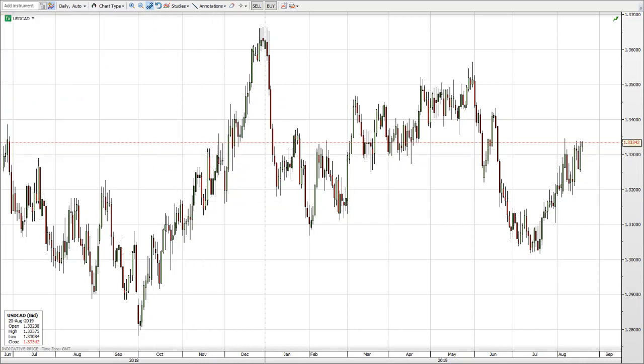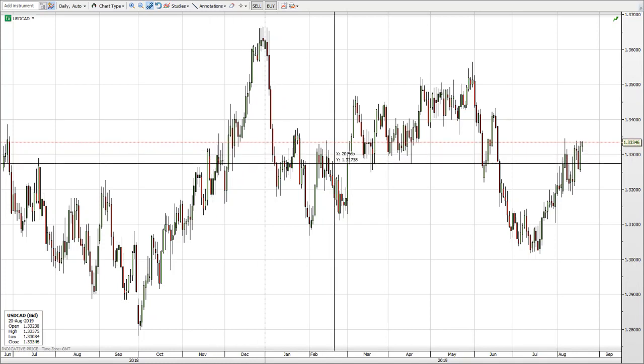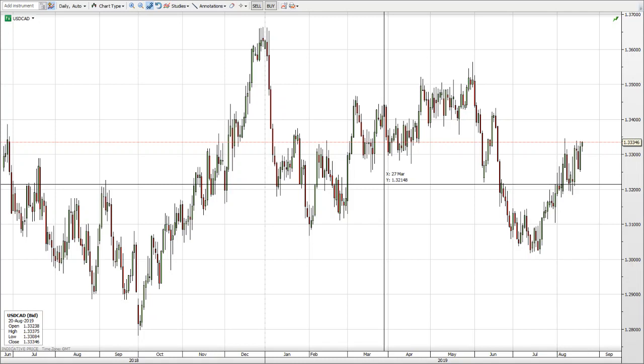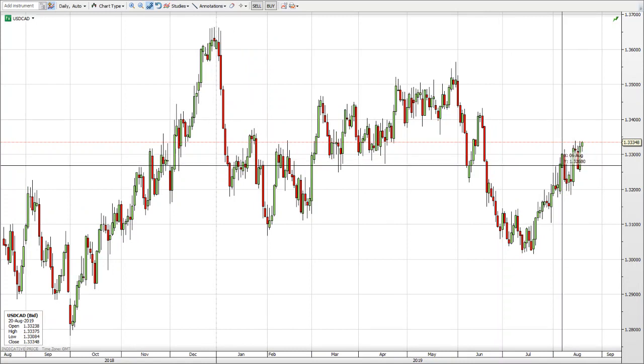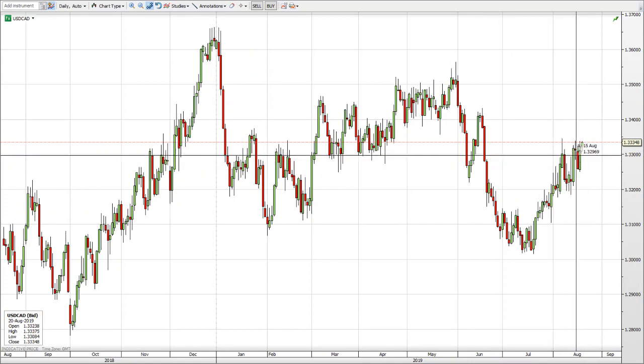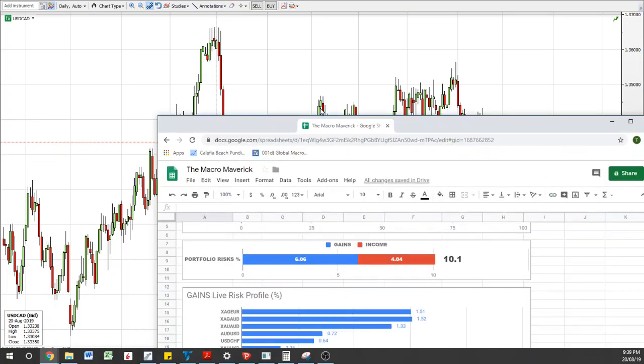I'll just quickly run through what else is going on with this trade. Essentially, the source for this trade was just browsing through charts for my market update. I saw this bullish action despite the US dollar weakness that's been going on recently, as you can see from the US dollar ETF. Also, my system can do with a little bit more risk.